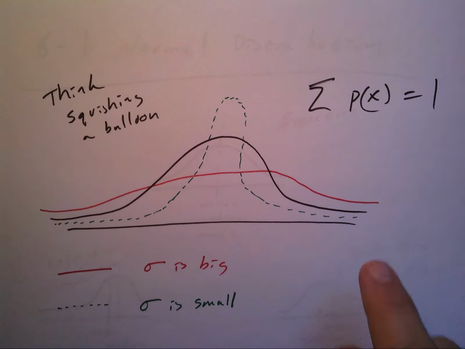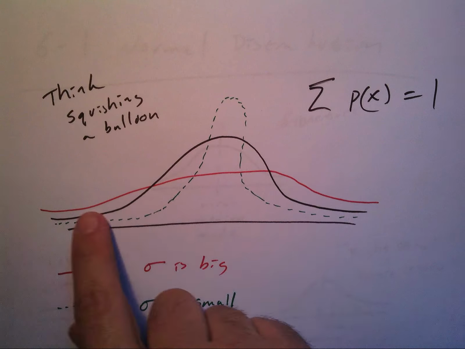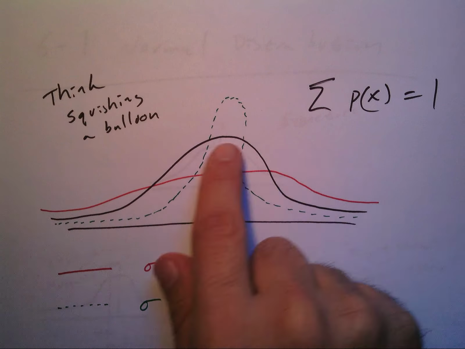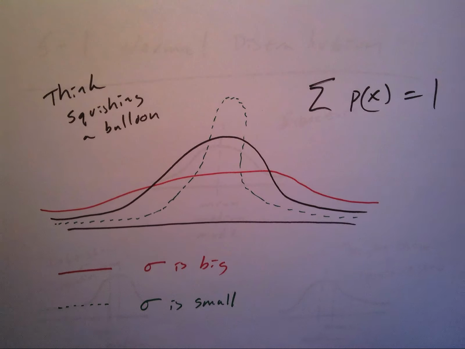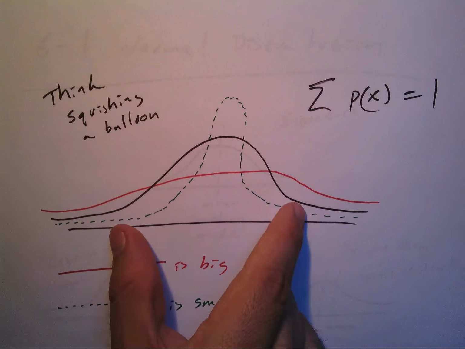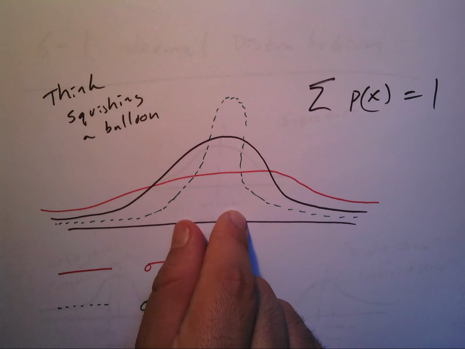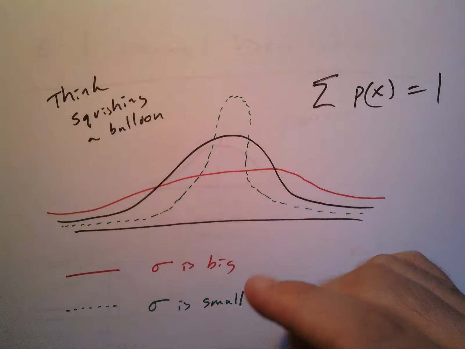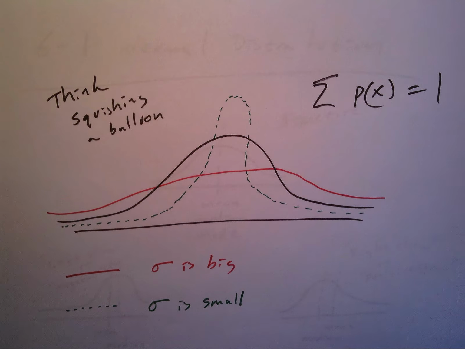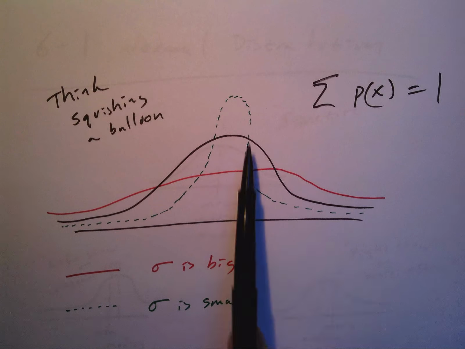And that's what this graph is showing right here. I have a standard black line in the middle of all this data, which looks normal, nice and bell-shaped, everything's regular. But if I have a smaller sigma, I would squeeze the data up. Well, what happens when you squish a balloon from the sides? It's going to pop out the top. And that's what this green dotted line is representing.